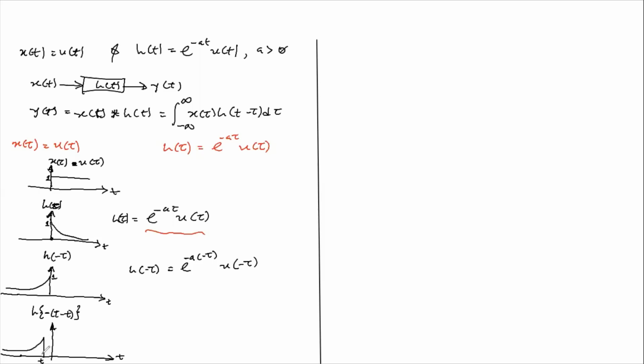So it's been shifted by t. The implication here is that h of minus tau minus t is the same as e to the a times minus tau minus t, u of minus tau minus t.